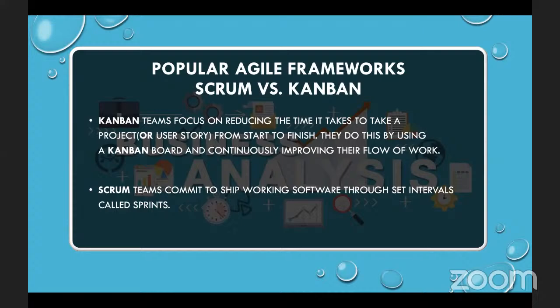So we call this type of team Scrumban, right? It's not the best, guys. I'm going to tell you right up front, it is not the best, right? But some companies are in between a Kanban and a Scrum, and that's why we call them a Scrumban.